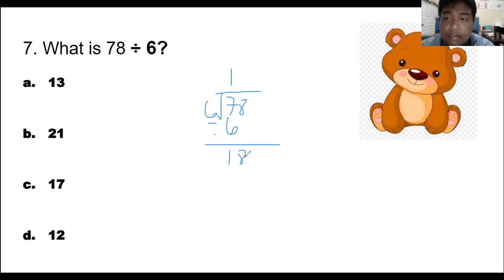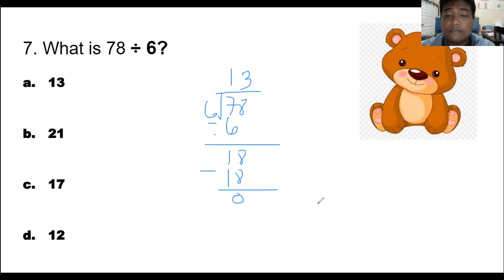And 18 divide 6, so look at the multiplication of 6. 6 times 1, 6, 6 times 2, 12, 6 times 3, 18, and 6 times 4, 24. Of course, you will go to the exact number that came up, 18, so 6 times 3. Okay, so 18, so subtract, so 0. So the answer is 13.